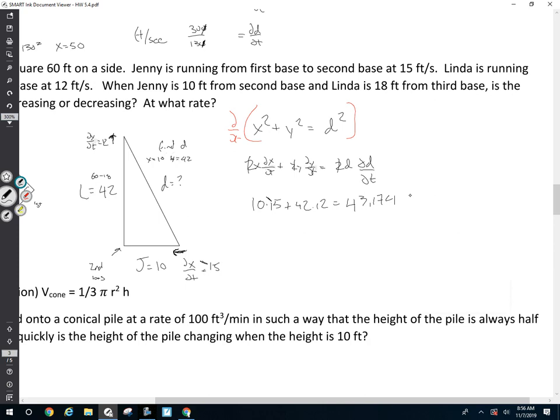Finding dD/dt, I'm going to do these calculations in a calculator. 10 times negative 15 plus 42 times 12, divided by 43.174. I get 8.199, which means it's increasing at this rate.